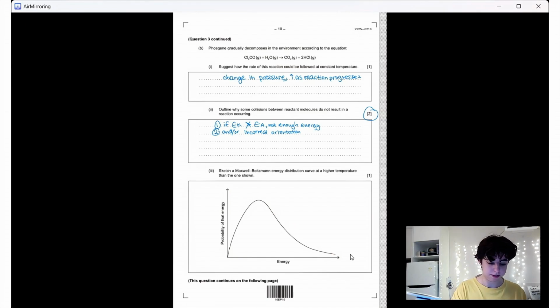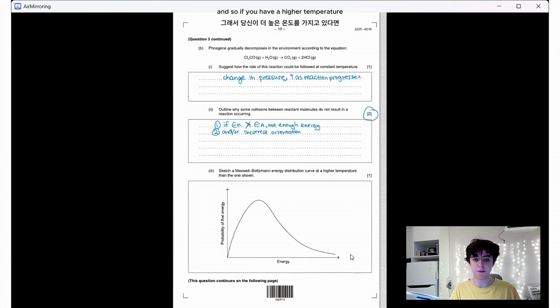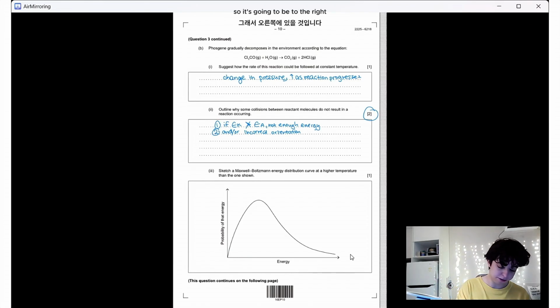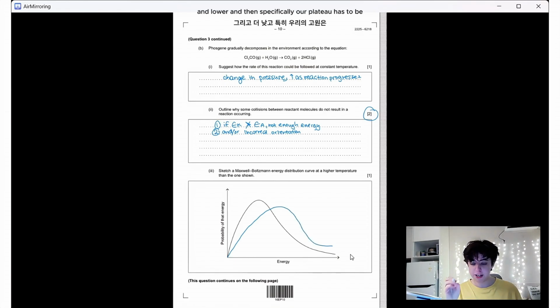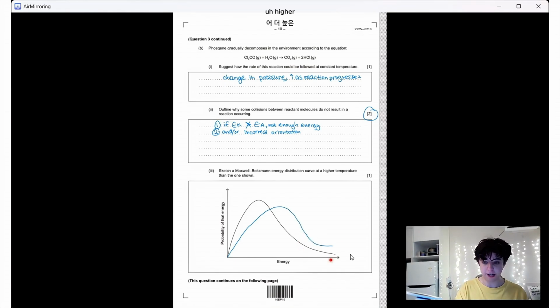And so if you have a higher temperature, then the curve is going to shift to the right and be lower. Okay, so it's going to be to the right. That is a terrible curve. Okay. And it has to start at the origin, to the right and lower. And then specifically our plateau has to be higher.